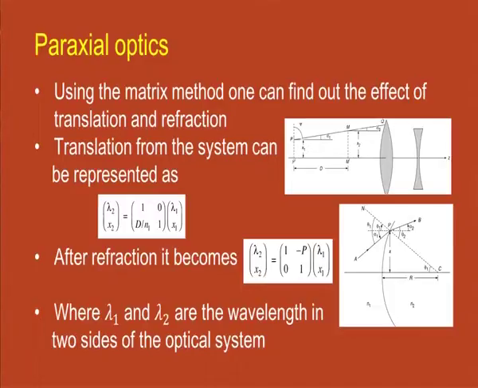After refraction it becomes the matrix of lambda 2 x2 is equal to the matrix of 1 minus p 0 and 1 multiplied with the matrix of lambda 1 x1. The d, p and other parameters are described in the figure shown in the slide, and lambda 1 and lambda 2 are the wavelengths on the two sides of the optical system.